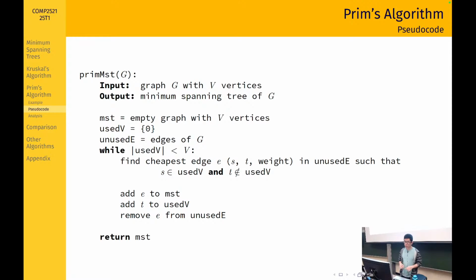While you're adding the vertices to your minimum spanning tree, you also add the edges connected to those vertices into the priority queue. Then at each iteration, you remove one of these edges from the priority queue, and if it satisfies this condition, where one of the endpoints is in the spanning tree and the other endpoint isn't, then you add that edge to your minimum spanning tree. That's how you might use a priority queue.